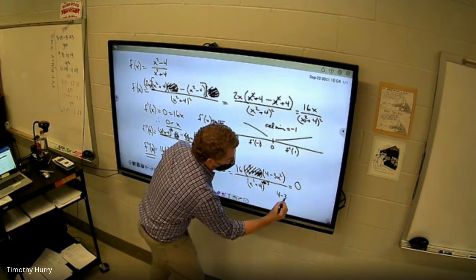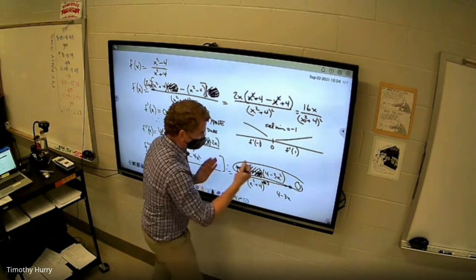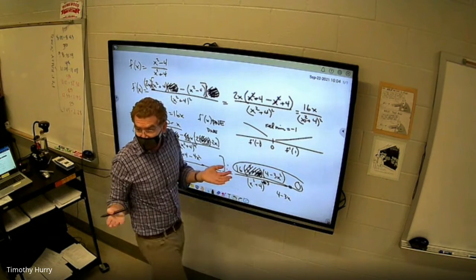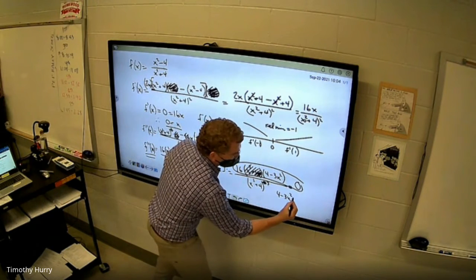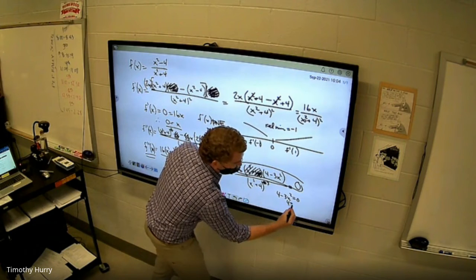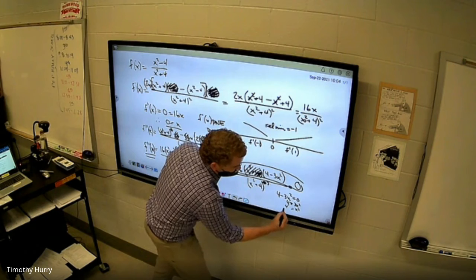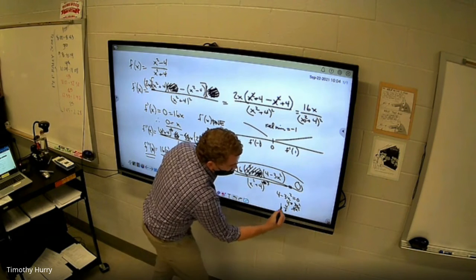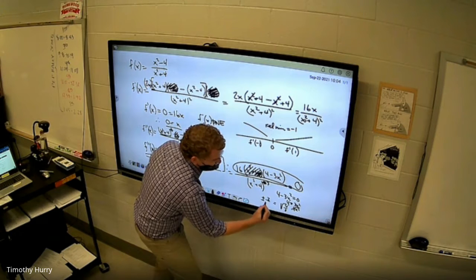So when is that? If I'm looking at the top equal to 0, I could divide away the 16. It doesn't do anything, right? It doesn't have a variable with it. And then I could set this part equal to 0, and I get 4 equals 3x squared. X squared equals 4/3. And what happens when I square root both sides? Plus or minus 2 over root 3.